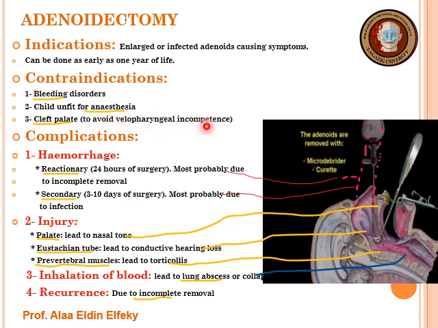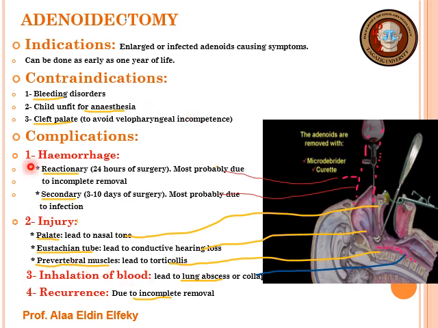This is very important if we remove the adenoids, which play a part in closing the velopharyngeal sphincter in patients with cleft palate. This will cause velopharyngeal incompetence, and you will see nasal tone very difficult to treat, and sometimes regurgitation of food and fluid from the nose.